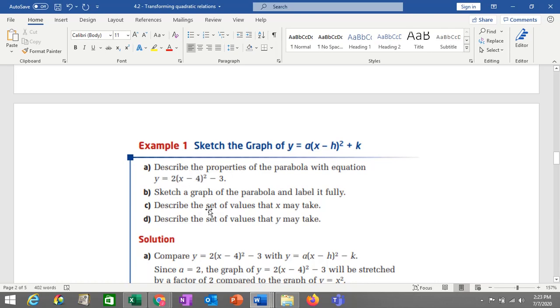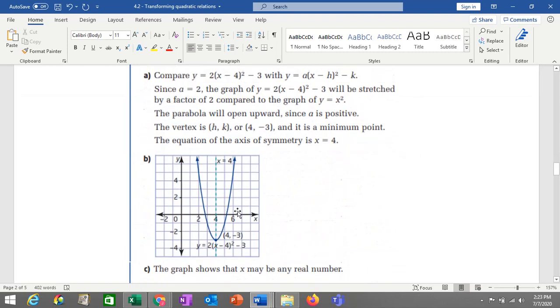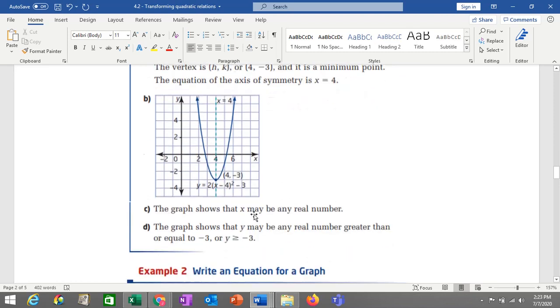And we can tell that that's true by the graph because it goes to the right forever, it goes to the left forever, and there's no gaps in it. So x can be any real number. Real number meaning a number that's not an imaginary or complex number, which you will worry about in future courses.